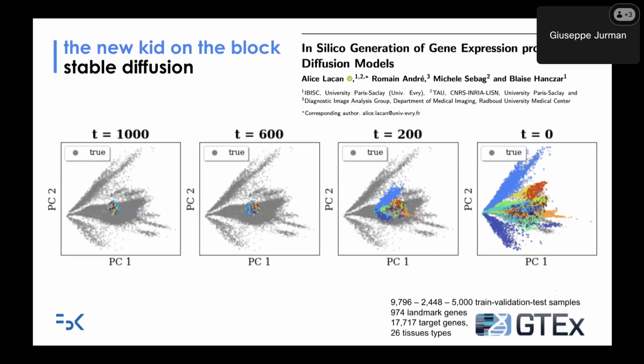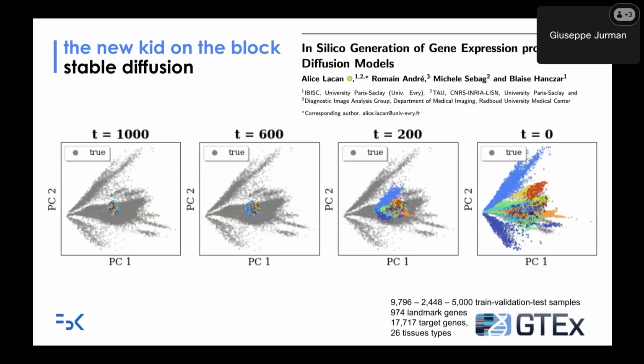If we take a look at what happens, okay, if we start from the real data, which is in gray, and we produce some synthetic dataset with a stable diffusion model at different epochs, when we reach the bottom of the epochs, we can see that the synthetic data, in this multi-class problem, has covered almost completely and properly the whole original distribution of the small amount of omics data we started with.